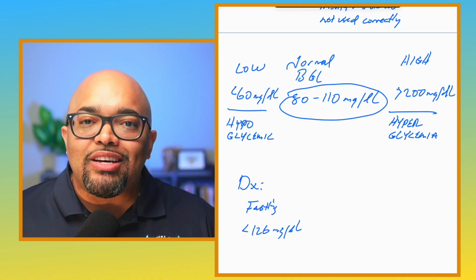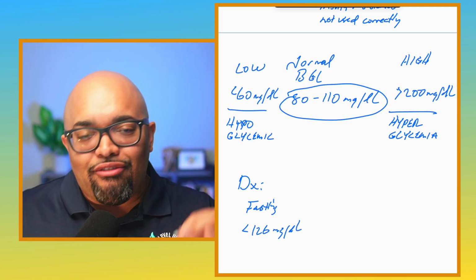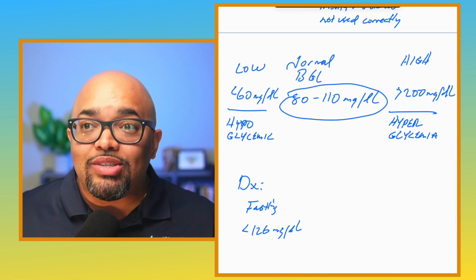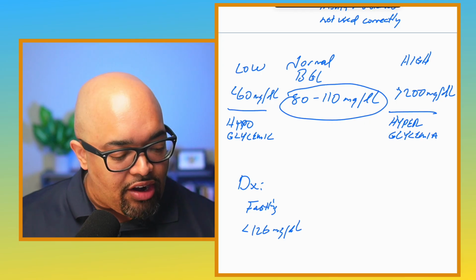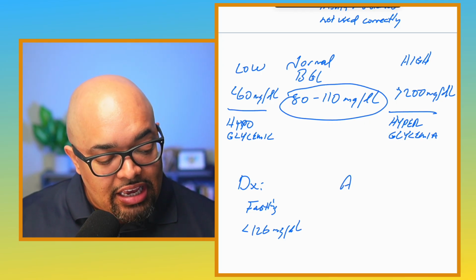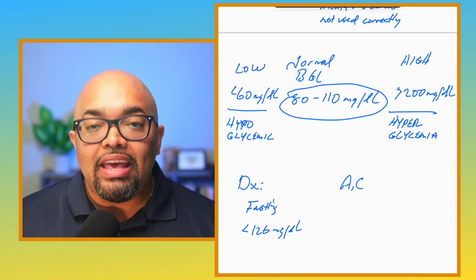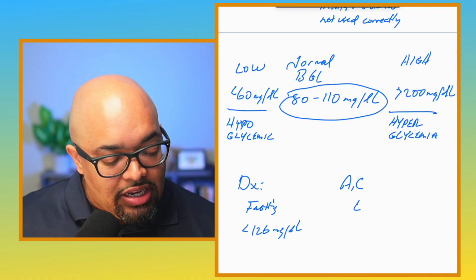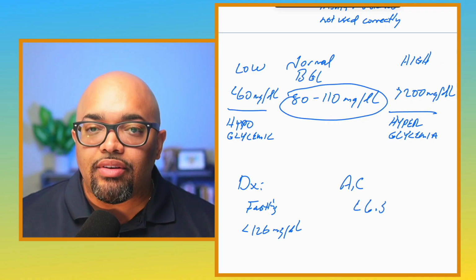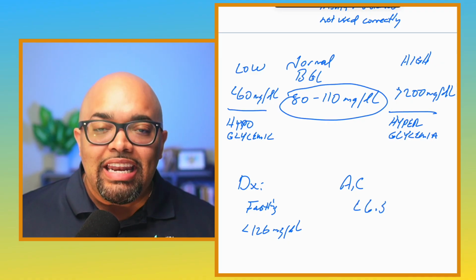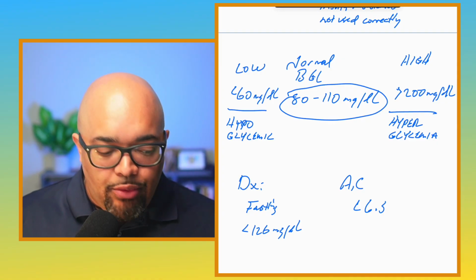Okay. But because blood sugar levels rise and fall, they go up and down with different meals, sometimes that's not the best indicator. So, in that case, what we're going to look at is your hemoglobin A1C. And we want your hemoglobin A1C to be less than 6.5. Now, your hemoglobin A1C, why do we use it?